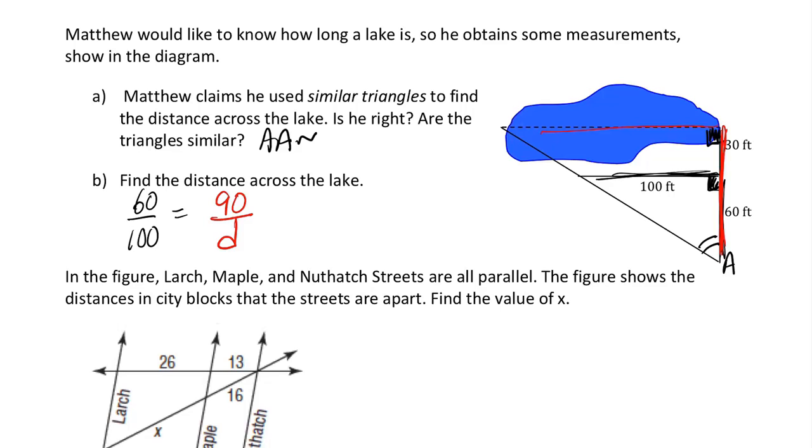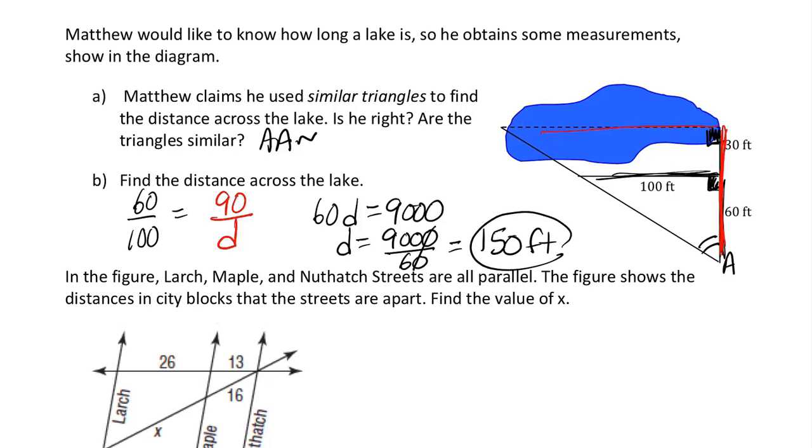And when we cross multiply, we get 60 times d equals 9,000. D equals 9,000 divided by 60, which 6 goes into 9 once, 30. I believe that would be 150 feet is the distance across the lake.